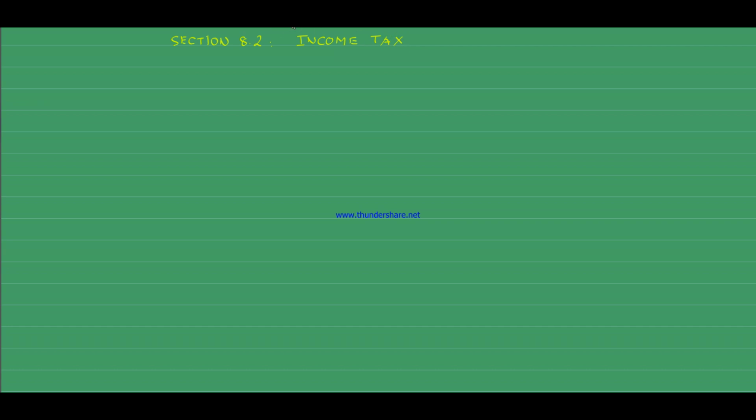Now the income tax amount can be calculated based on this formula. I'm going to put the first formula here. The income tax is equal to the tax computation. You calculate the tax you have to pay, then you subtract the tax credit.